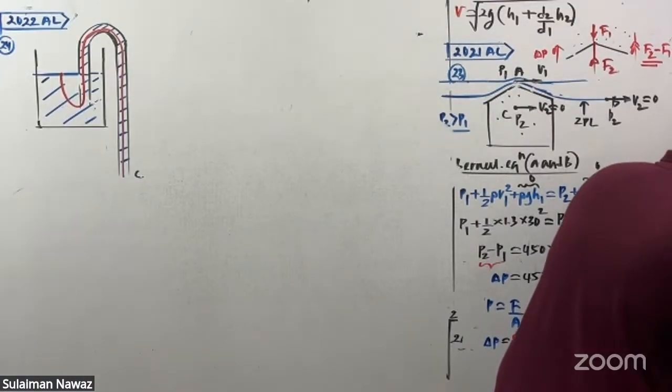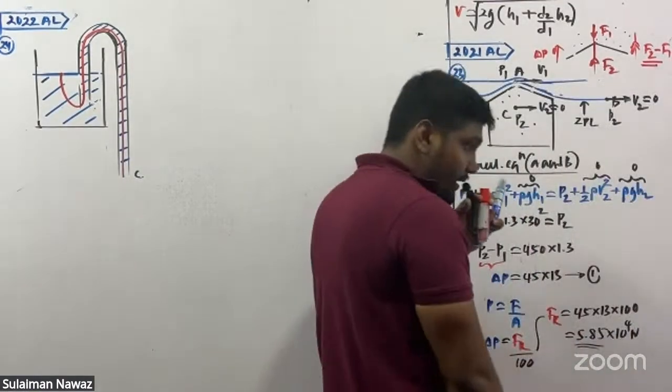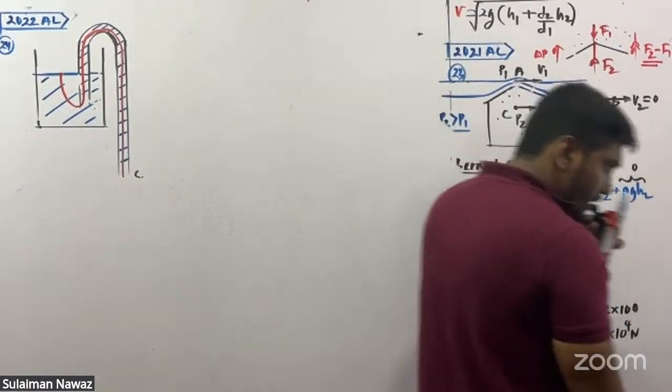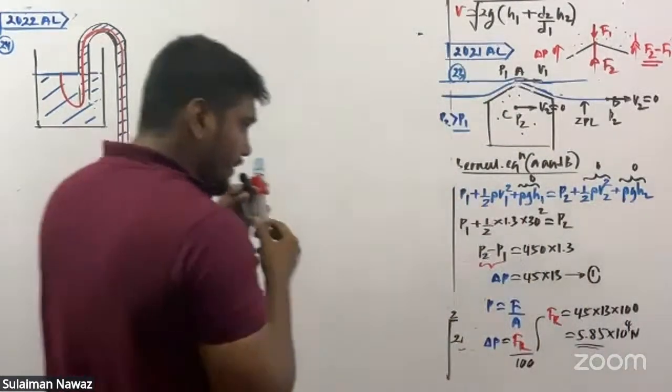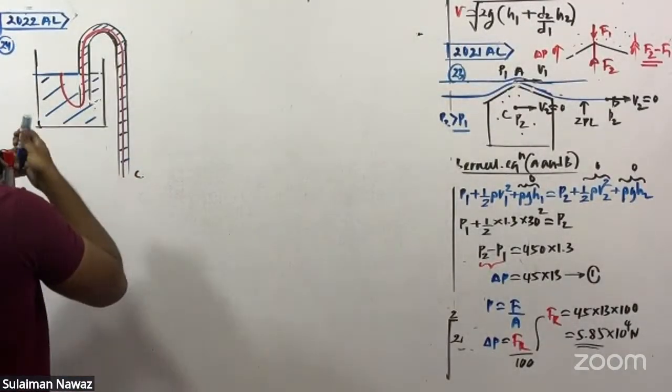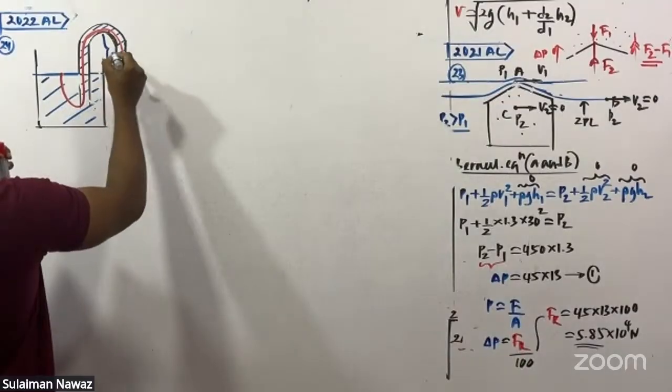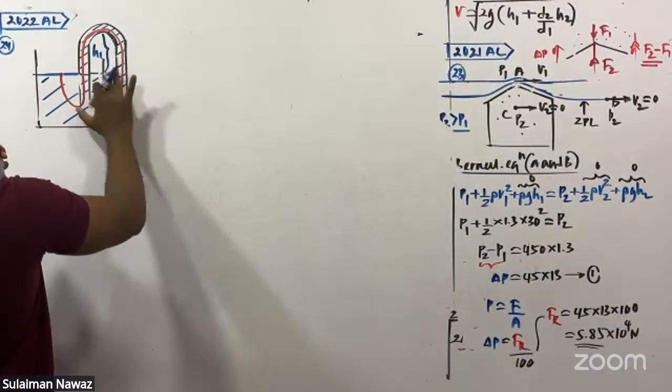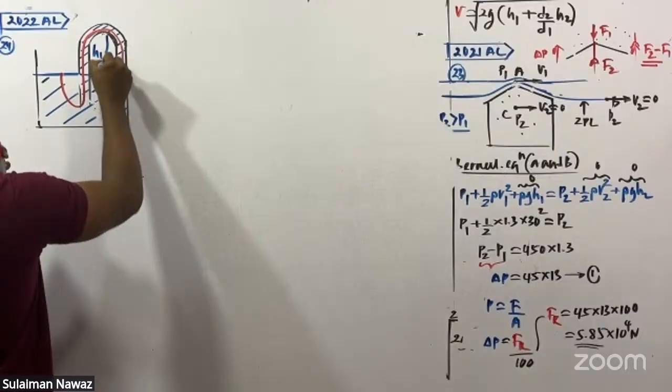Then they have given these heights h1, h2, h3. This height is h1.